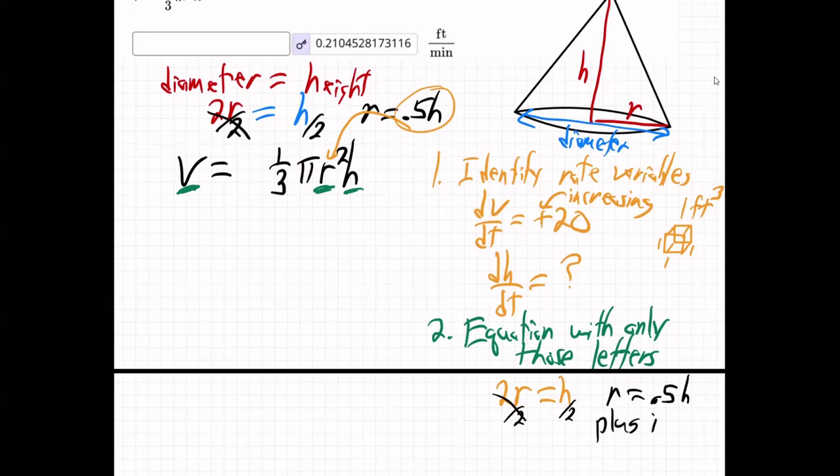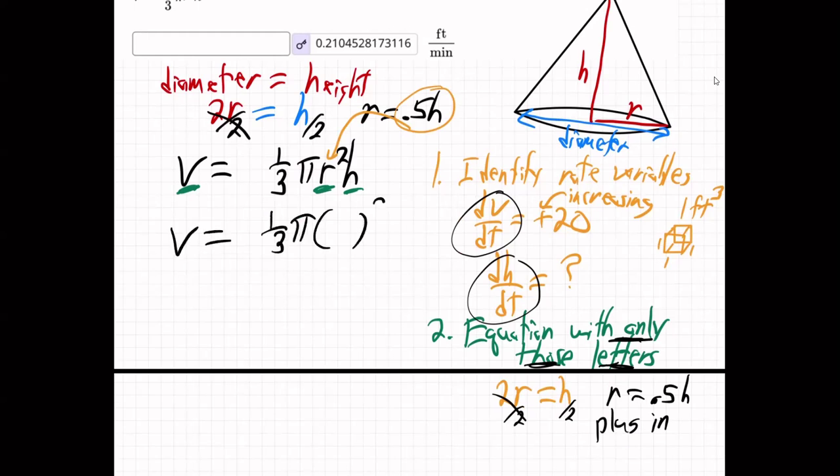Plug it in. Why? Because I want only the rate letters, H and V. That's why it's so important on step one to identify the rate letters. So then we get V equals 1/3 pi, and R we now know is 0.5H. Let's clean that up.